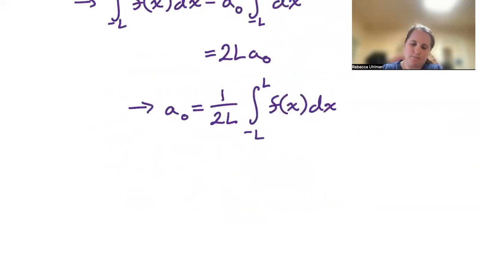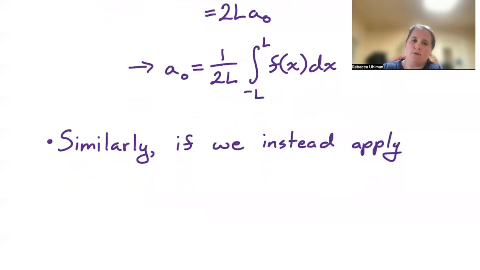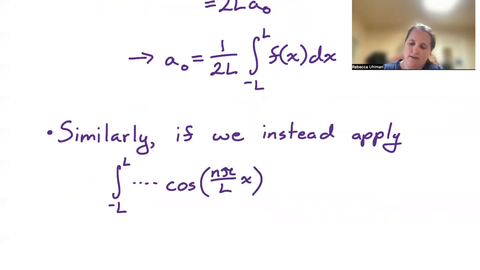Similarly, if we instead apply a definite integral from negative L to L of something times cosine of n pi over L x dx.